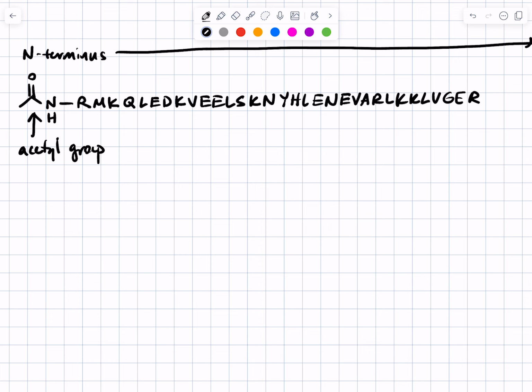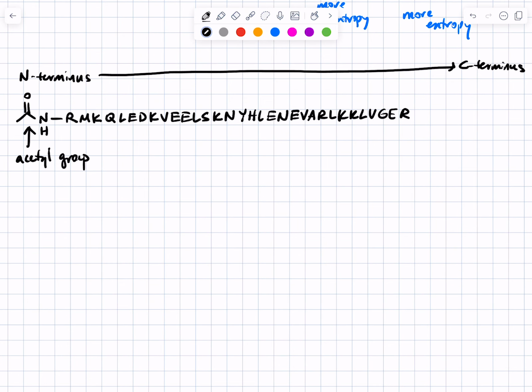And now, in the second third of the sequence, I'm just kidding, that's it, okay? This is the C terminus, and the C-terminal arginine has a free carboxylic acid group, okay? So that's the sequence. I think it's about 33 amino acids long.